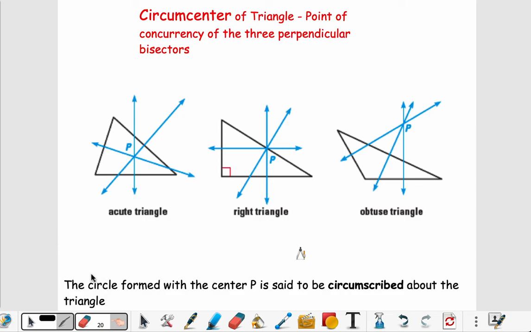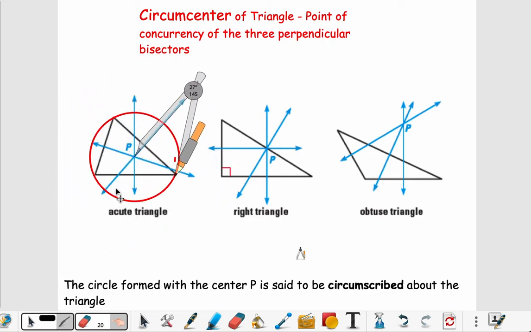So what this means, and we're going to play around with this when I'm back at school on a program called GeoGebra, is that if all three of these blue lines are perpendicular bisectors, then the distance from this point to each of the corners is the same. So what you could do is you could actually make a circle with a center at point P. Not going to be perfect, but pretty solid.